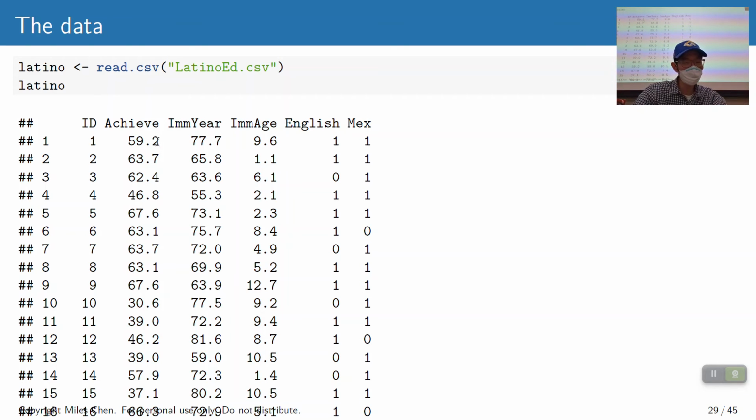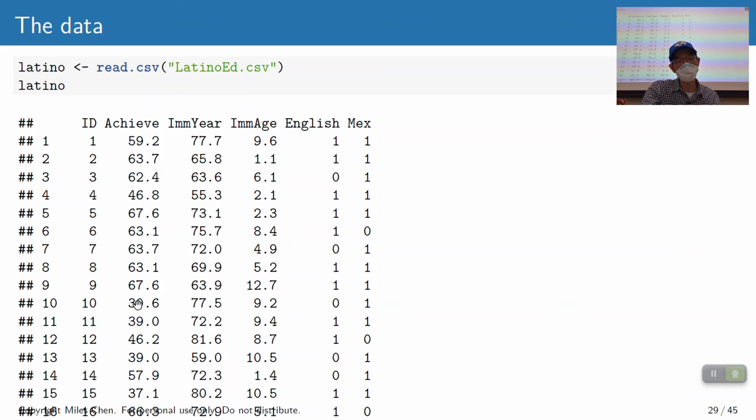When we see a score of 59.2, I have no idea what that actually means. I don't know if this means the person graduated high school, if they graduated college, if they got a two-year degree, 4-year degree, went on to graduate school, or they dropped out of high school. I have no idea. So unfortunately, we don't have much context.